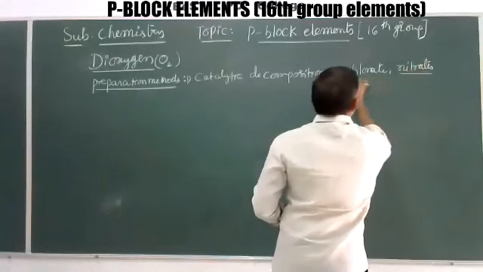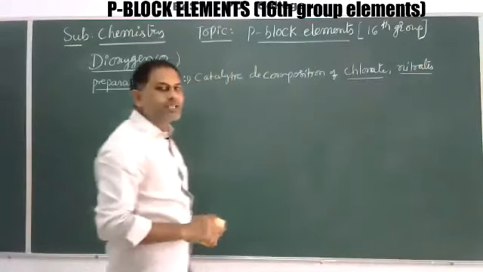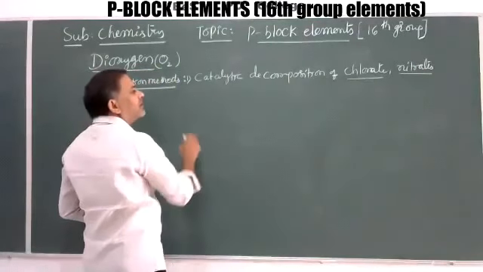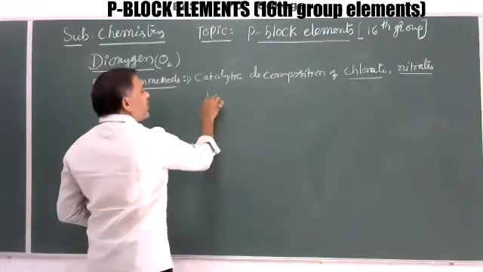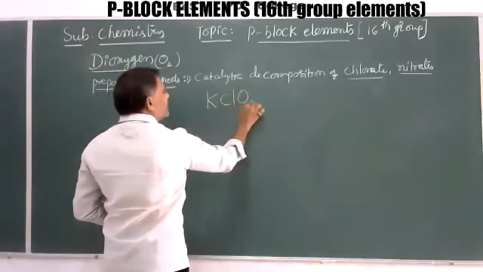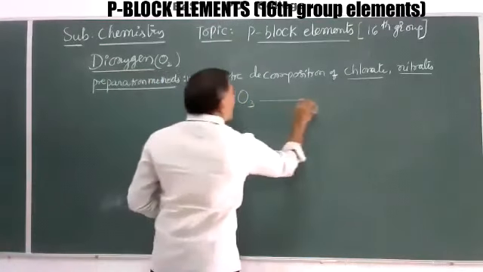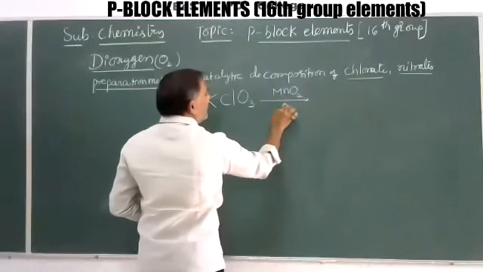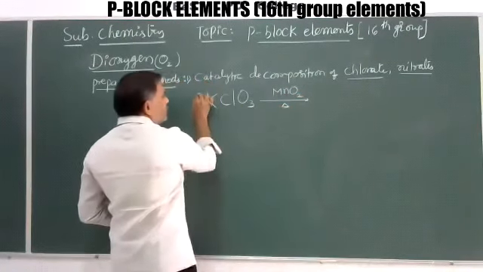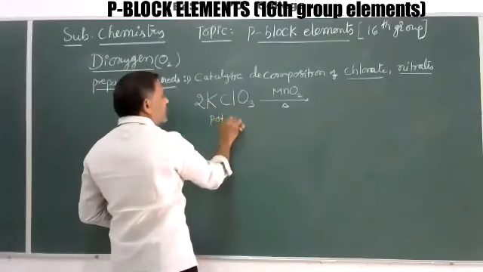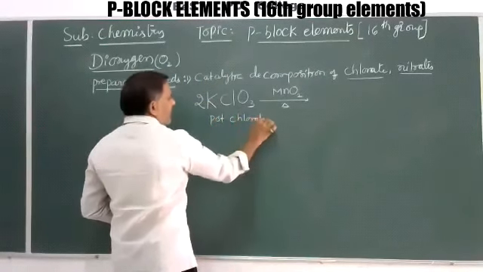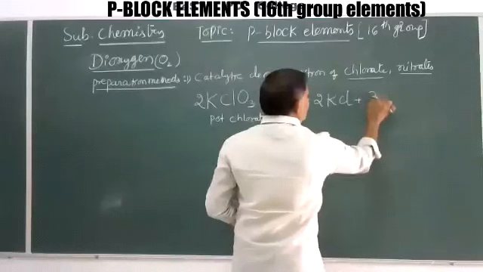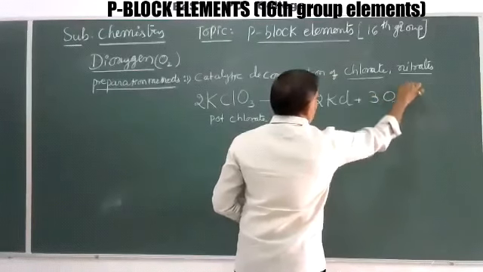The best example is the catalytic decomposition of potassium chlorate, KClO3, on heating with MnO2, manganese dioxide. 2 moles of potassium chlorate on heating give 2 KCl, potassium chloride salt, plus 3 moles of oxygen gas.